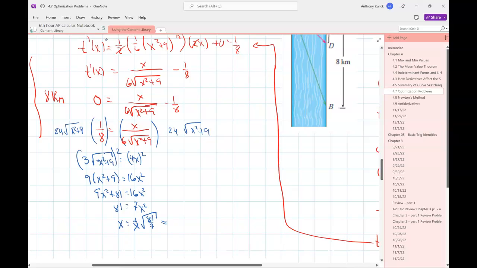Why not? It's outside of the domain of x, right? X was 0 to 8. And then this is kilometers, I think. Okay, what do I still need to check, though? I need to make sure that that is indeed the minimum, right?